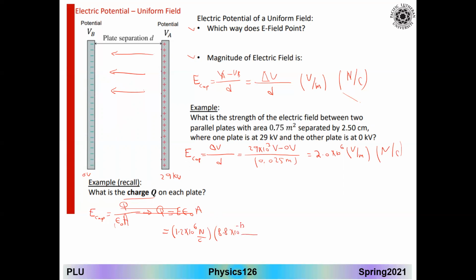The unit is coulomb squared divided by Newton meter squared, and multiply by the cross-section area 0.75 meter squared. Now my units match, they cancel, and I end up with 7.7 times 10 to the minus 6 coulomb, or 7.7 microcoulomb.